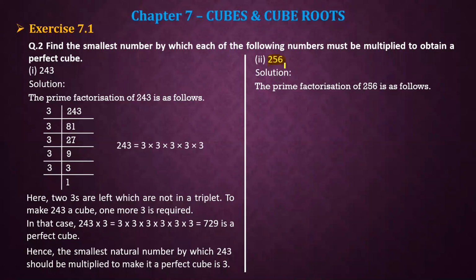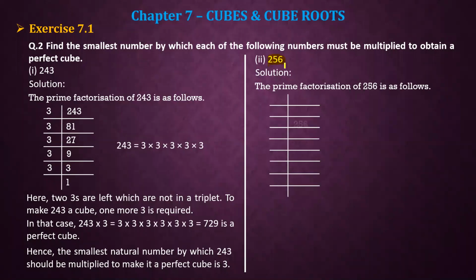The first step is again the same. Firstly, we obtain the prime factors of 256. To do this we divide by either 2 or 3, depending on the number. If the given number is even, we divide by 2. If it is odd, we divide by 3. Just observe the number 256.